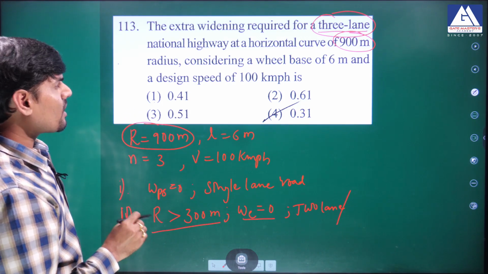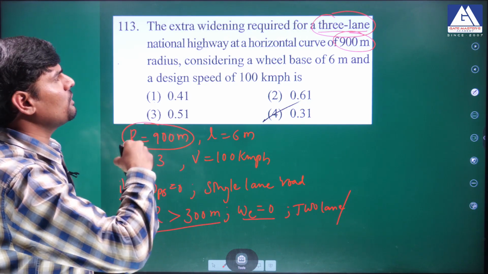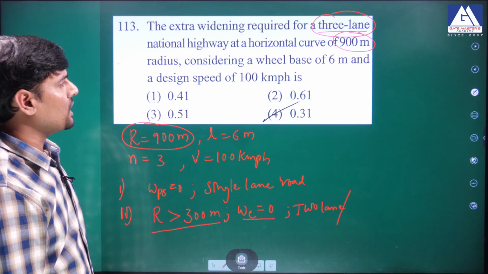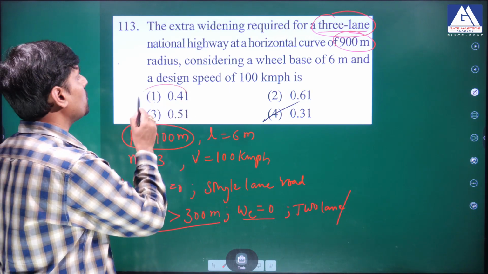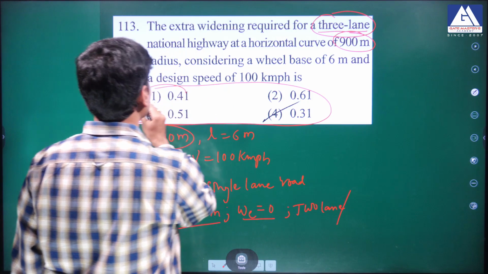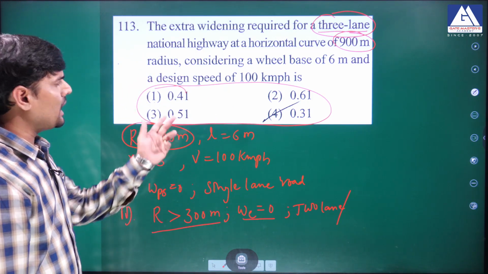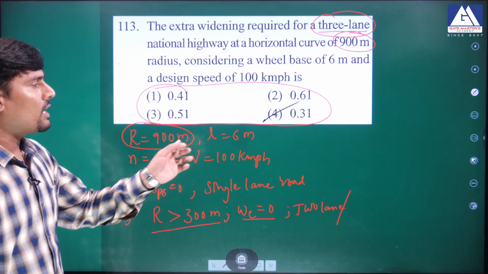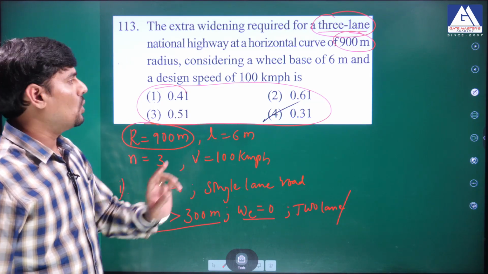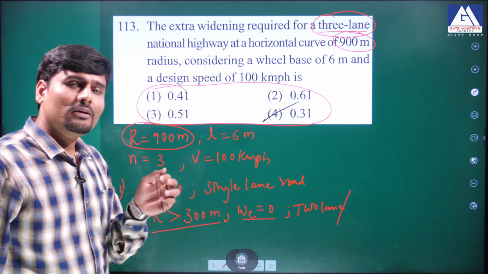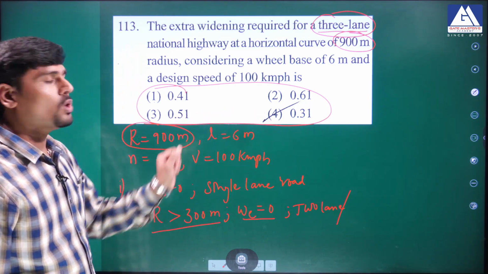If you solve with any part of the extra widening equation, you may not get any of these options. Whether you calculate only mechanical widening, you don't get any of these options. Whether you calculate psychological widening, you don't get these options.